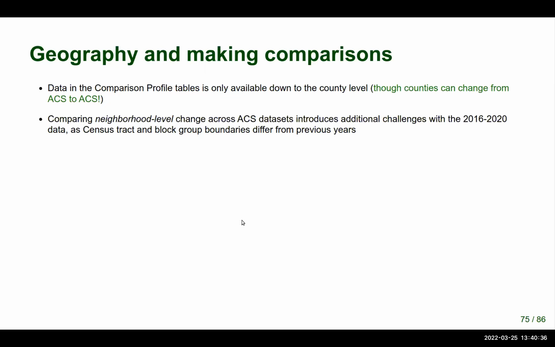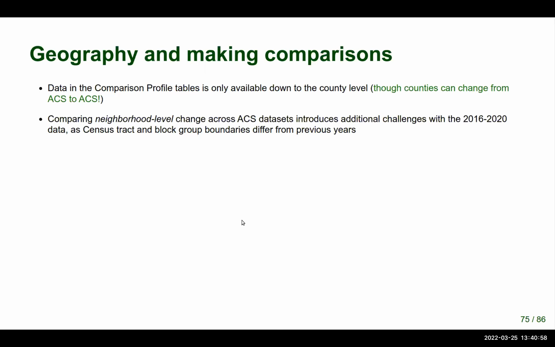And so if you're working with Alaska, you're almost never going to have the same set of counties from census to census. In other cases, county names can change, and in some cases, new counties are created. And so for that reason, the comparison profile only goes down to the county level.